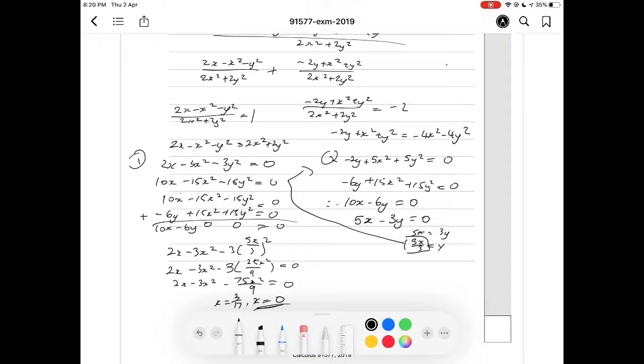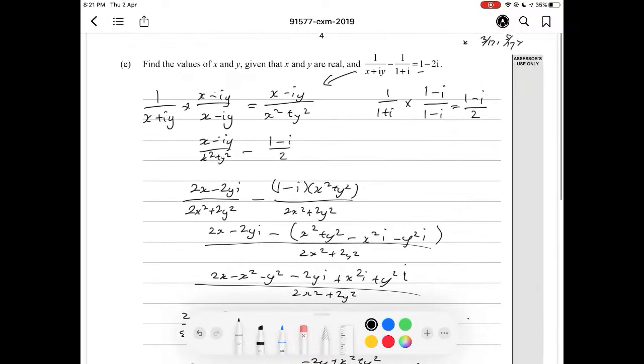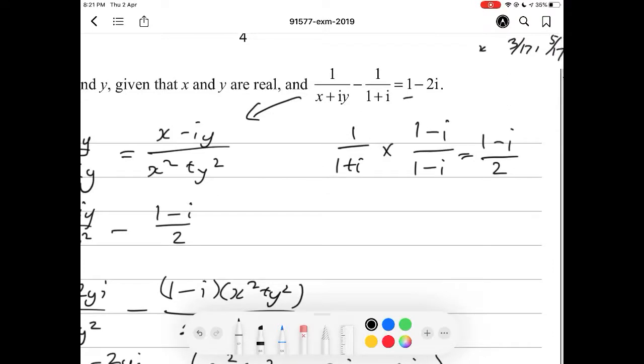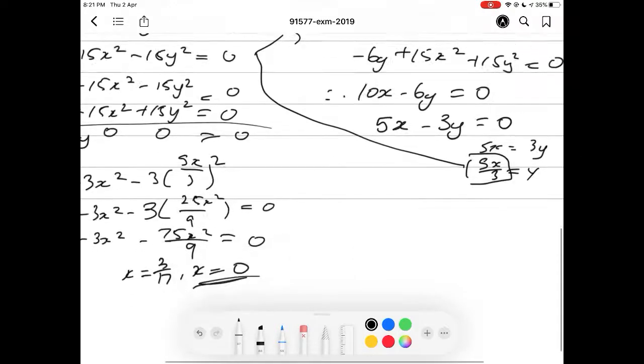So x equals 0 and y equals 0. But if you look here, then it's going to be 1 over 0, and that's impossible. So x equals 0 gives undefined, so this is not a valid solution.